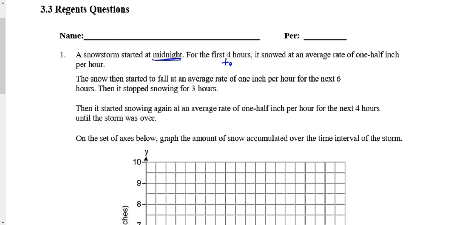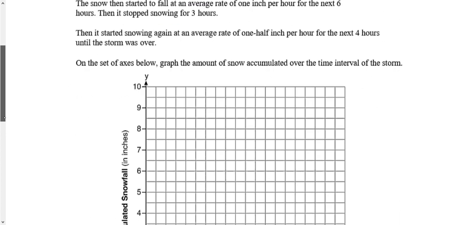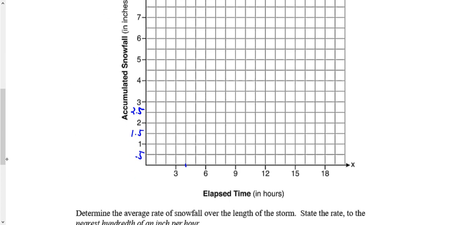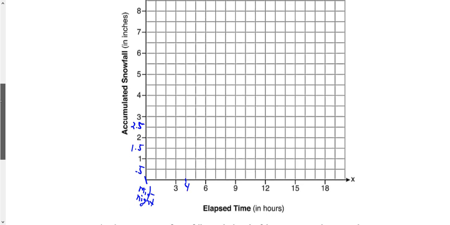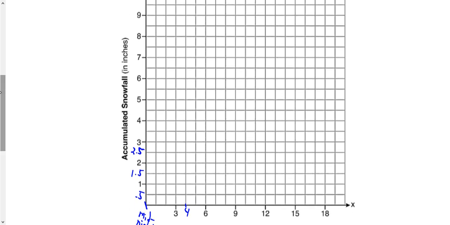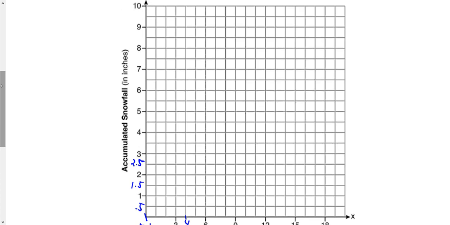Which is clearly 4 hours, right? And so that part of the graph is going to go from here's midnight, right? And here's 4 hours, right? So maybe I want to put a lightly dotted line down here.